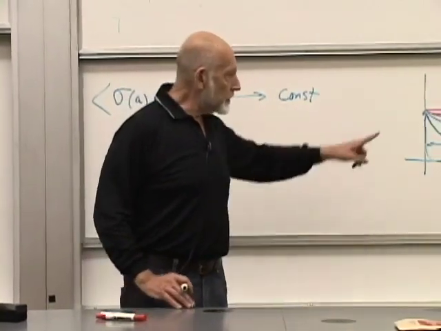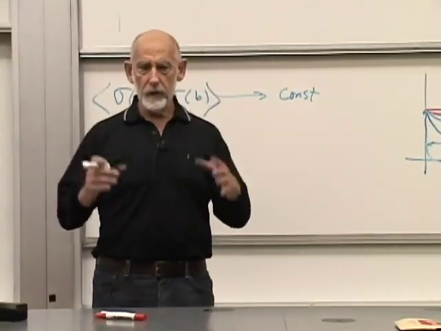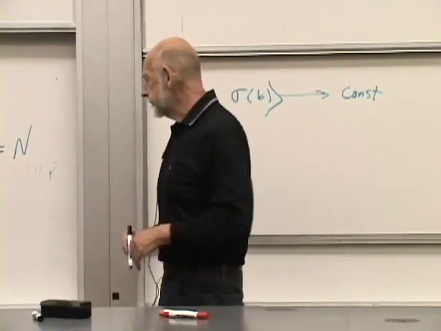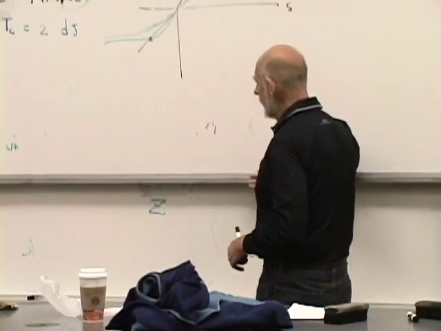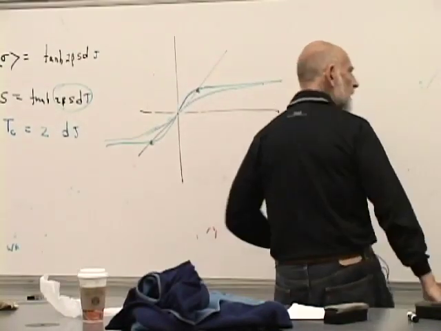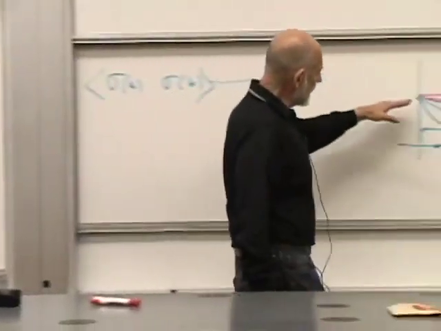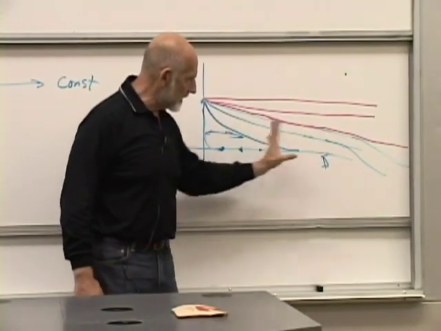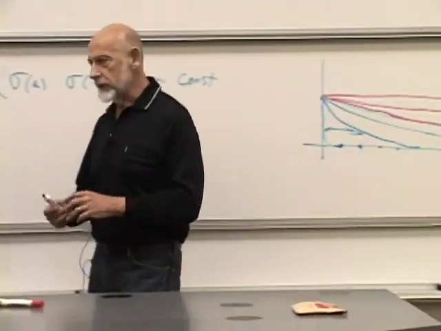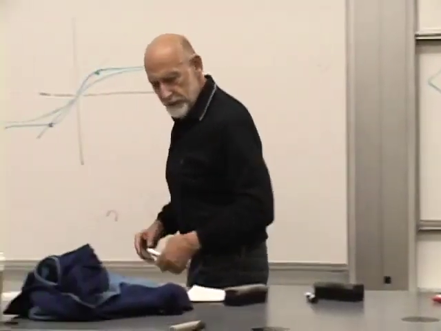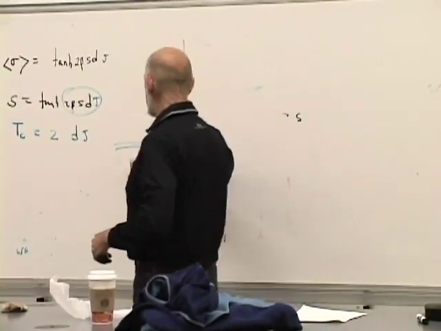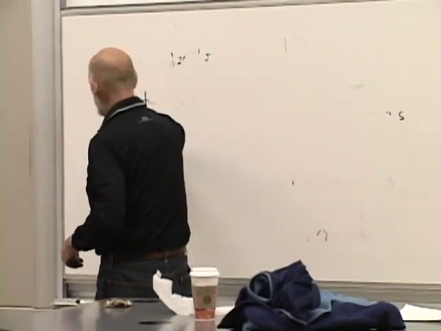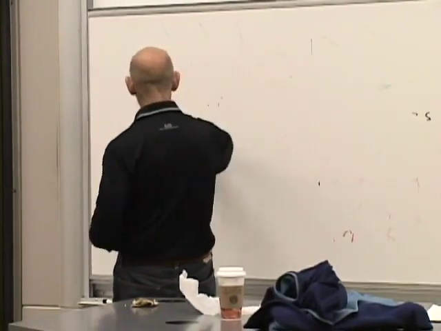Now, as you approach the critical point, imagine that you looked microscopically at the magnet. The correlation length here, the fact that it has some size, what it's really telling you is that the magnet is filled up with blobs of spins, bubbles of spins, more or less pointing in the same direction.